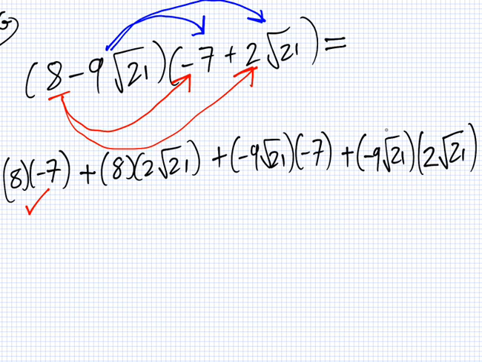Okay, another example? So, next example is very similar again. This time it's root 500 over root 20.